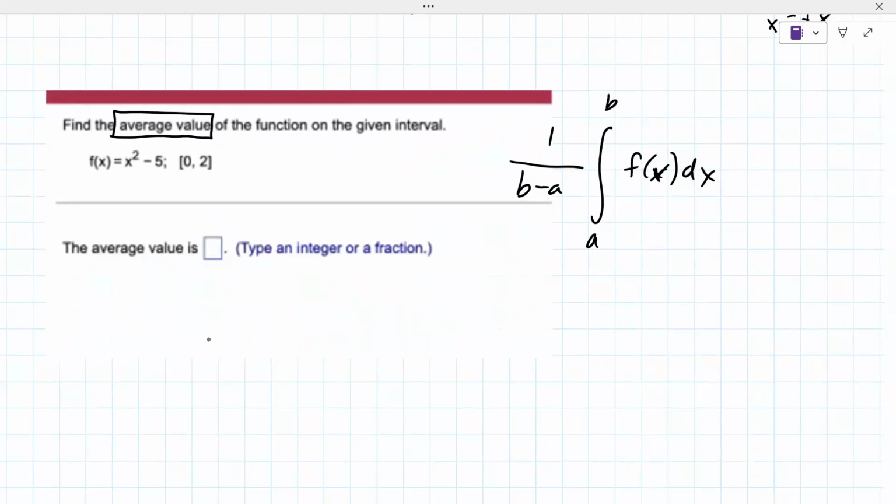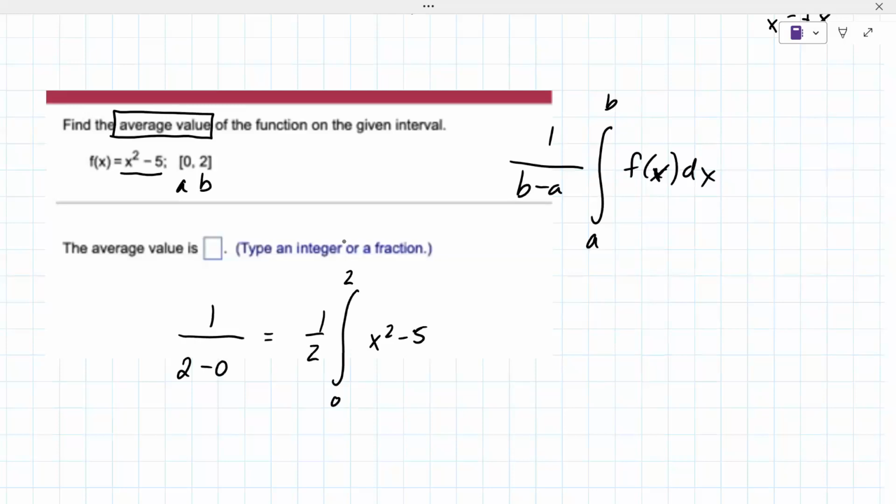So you have an a, a b, and an f of x, and you're literally just putting that in your calculator. It's 1 over 2 minus 0, which is really 1 half, times the integral from 0 to 2 of x squared minus 5 dx. Do you want to try putting that in your calculator? Yeah.